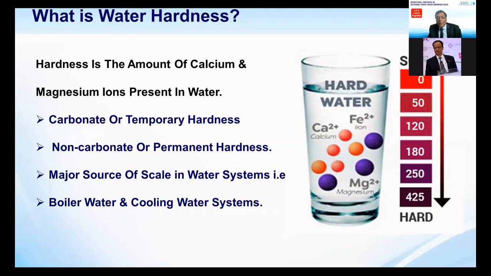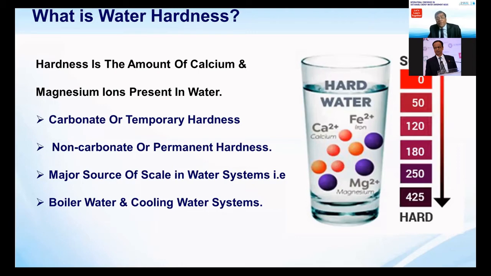That's why we require to soften the water. In Europe and America, and even in Pakistan to some extent, it has started the trend that we use soft water for our residential purpose, and normally in industry for the boiler and cooling tower, low pressure boiler and cooling tower.